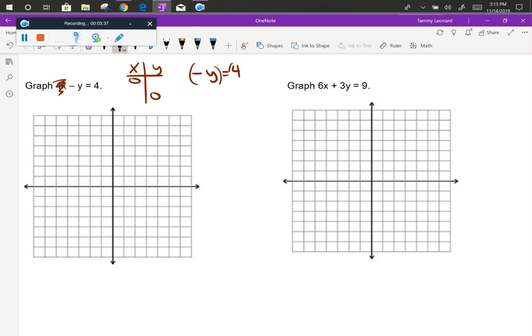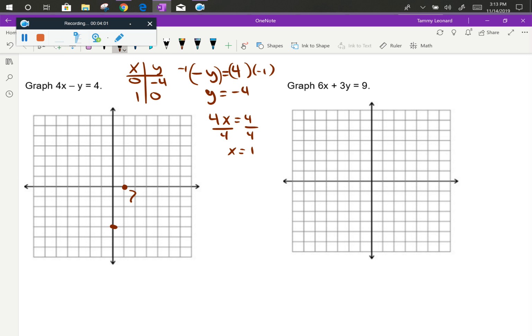Multiplying both sides by negative 1, I see y is equal to negative 4. And then I put in 0 for y instead, and I have 4x equals 4. If I divide both sides by 4, x is equal to 1. So I see that I have the point 0, negative 4, and the point 1, 0.